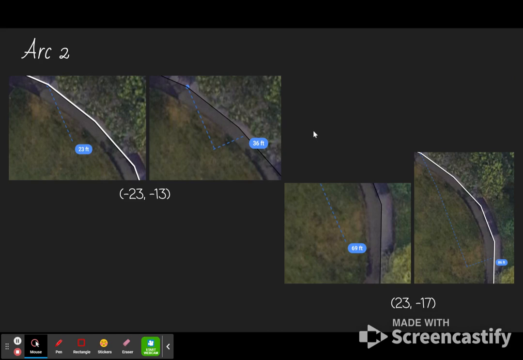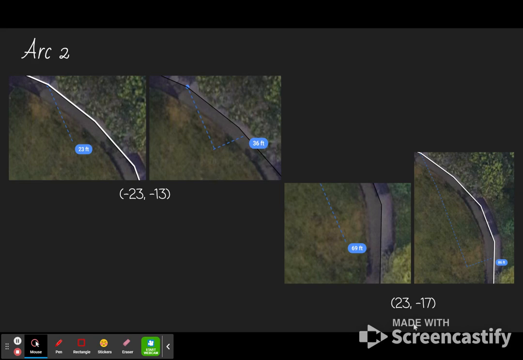I also found 2 points which I plugged into my quadratic regression calculator later on. The first of these points is (-23, -13), meaning at -23, or 23 feet away from my center point at 0, which would actually be 46 feet, the path is 13 feet below it.